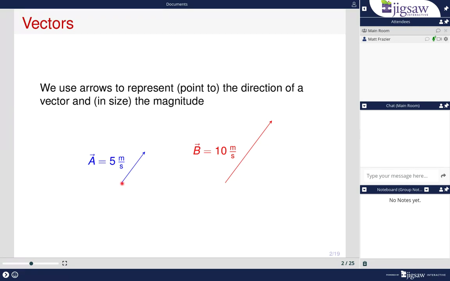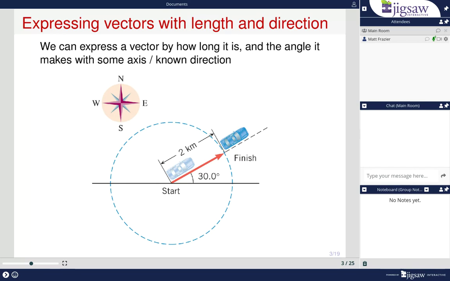Put one end of it at the origin, and then the coordinate of the other end tells you some information about the vector. And so you can express them like this, or you can put the beginning of the arrow at the origin, and then turn the arrow in some direction and draw it for a certain length.